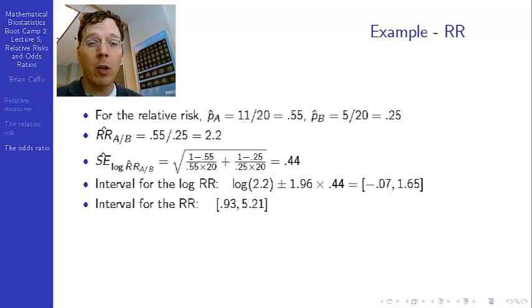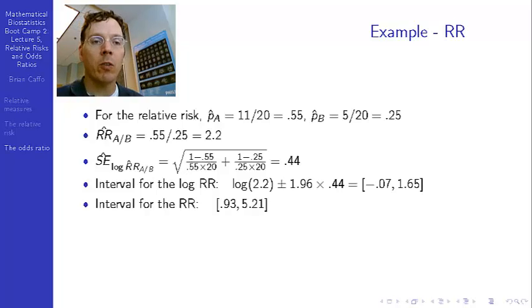We're interested on the log scale in comparing whether or not this interval contains 0, and then if we were to exponentiate it back, the interval for the relative risk is 0.93 to 5.21, which again shows an indication that drug A has a greater propensity for side effects than drug B, but isn't exactly significant because this interval contains 1, and on the log scale the interval contains 0.